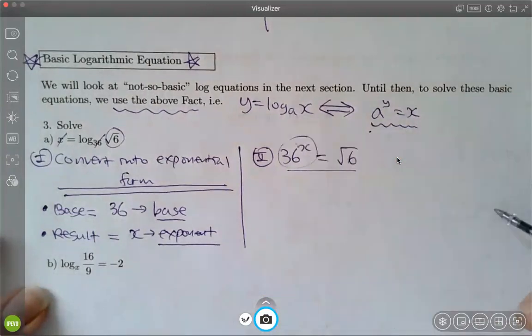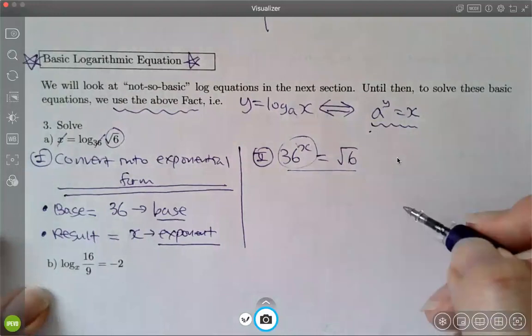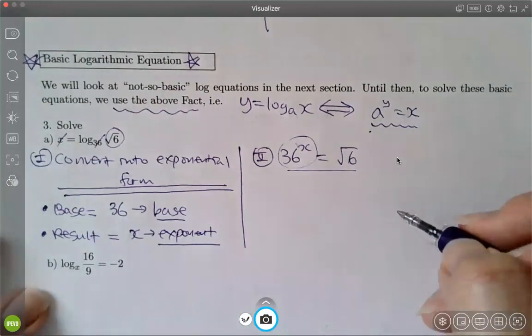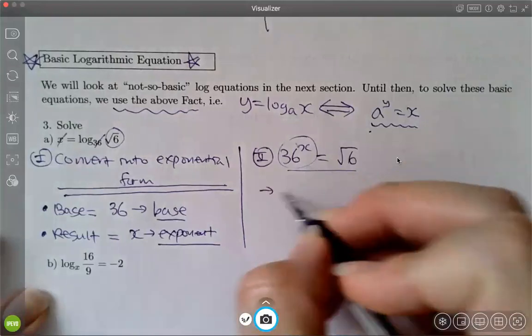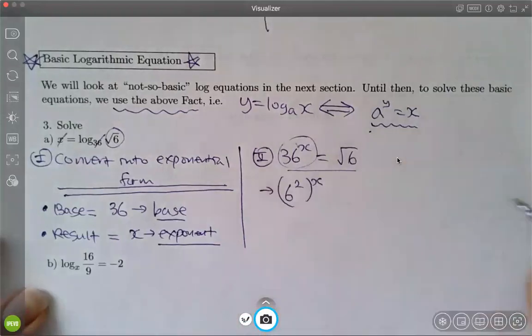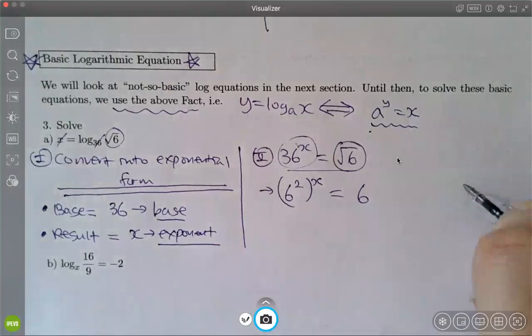So first, 36 and 6, are they related? Yeah. So what does that mean? 36 is what? 6 squared, right? And now what about square root of 6? 6 to the what power? Half. 1/2, right?